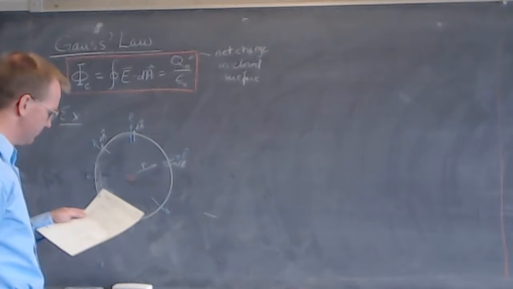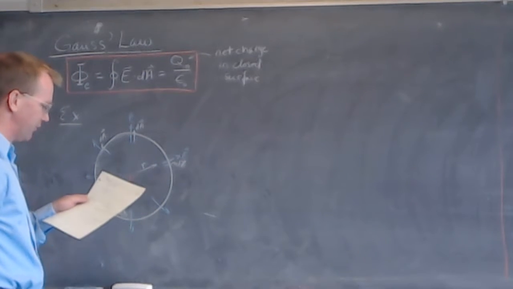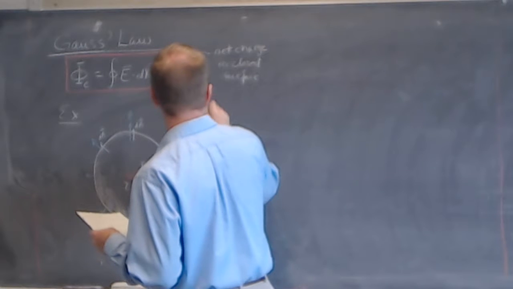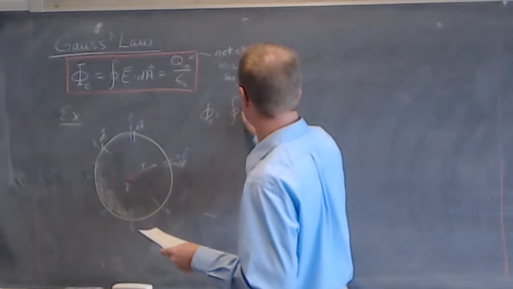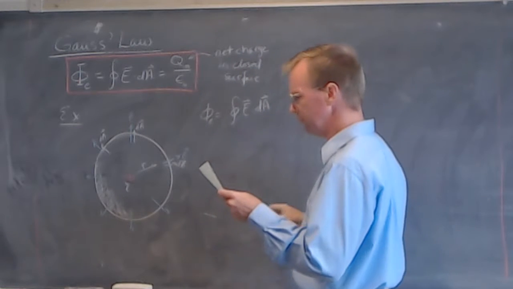And so on like that. So I've got charge Q, lowercase q inside. It's a point charge, so I'm using lowercase q. So in this case, flux is equal to E dot dA, closed surface integral.